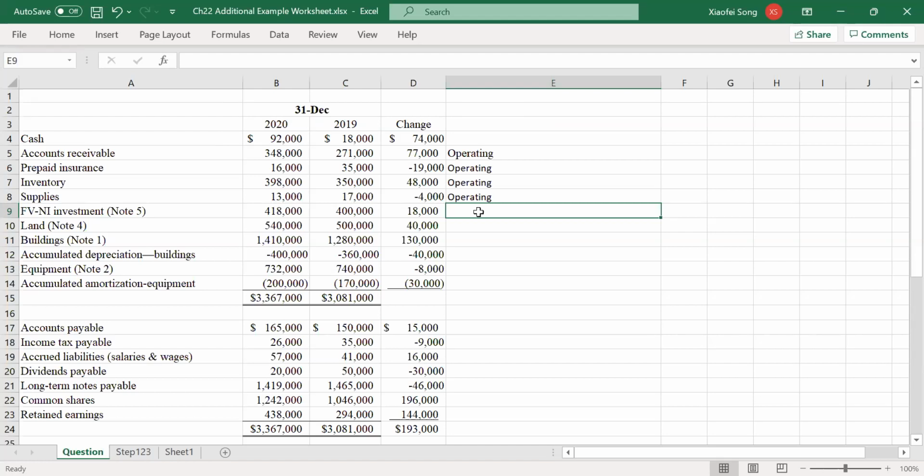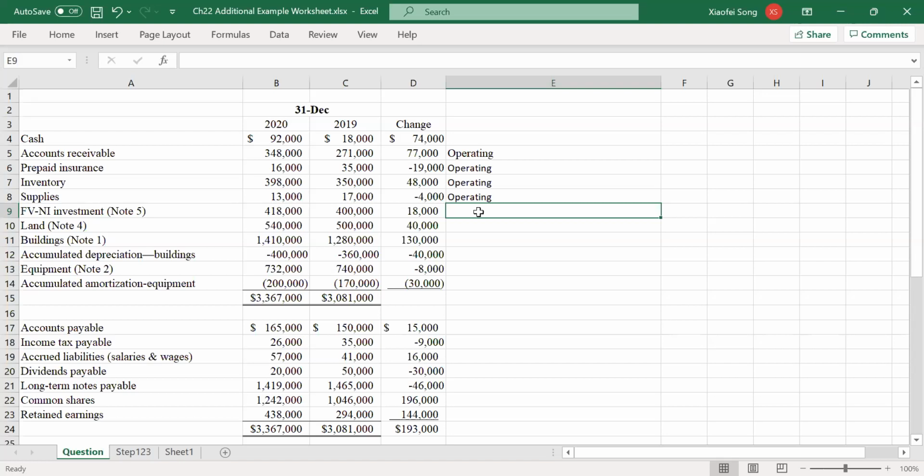So secondly, for fair value net income investment, you have fair value gains or losses due to the change in fair value, right? So that will be the unrealized gain or loss. However, unrealized gain or loss is not cash gain or loss. So that will require adjustment because that unrealized gain or loss will be in the income statement, but there's no cash.